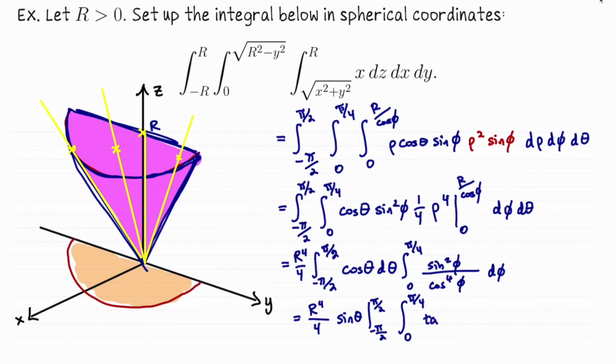So that's tan squared phi secant squared phi d phi. We have one more integral to evaluate, and to do that we can use u substitution, because if u is tangent phi, then we can replace du with secant squared phi d phi. We'll need to change our bounds too, but let's do that on a new page.